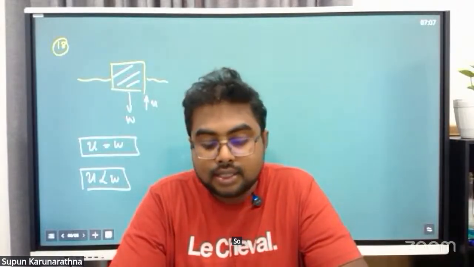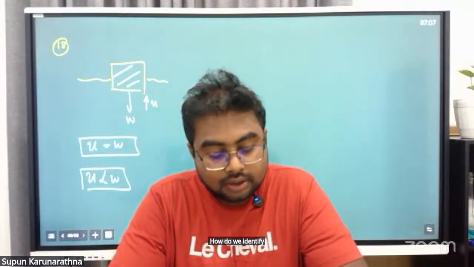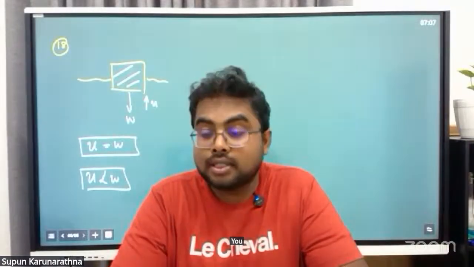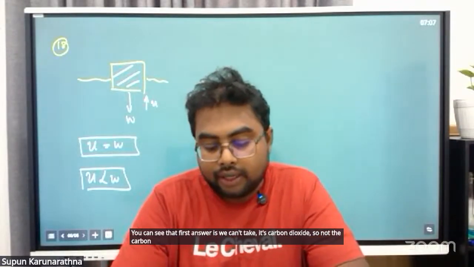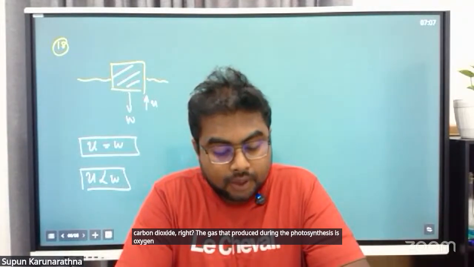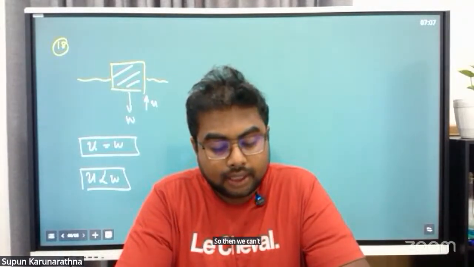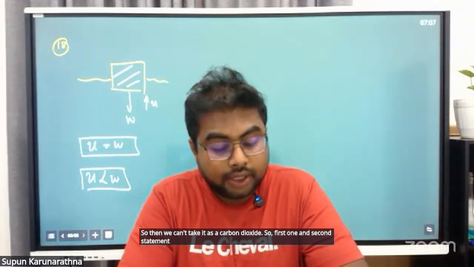What is the gas? The gas is oxygen. How do we identify it? The first answer we can't take, it's carbon dioxide. The gas produced during photosynthesis is oxygen, no? So we can't take carbon dioxide. So the first and second statements are already wrong, right?